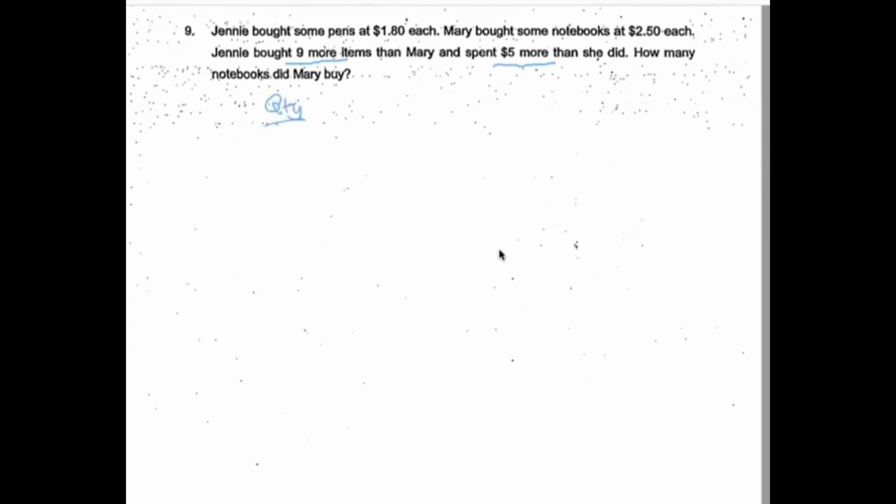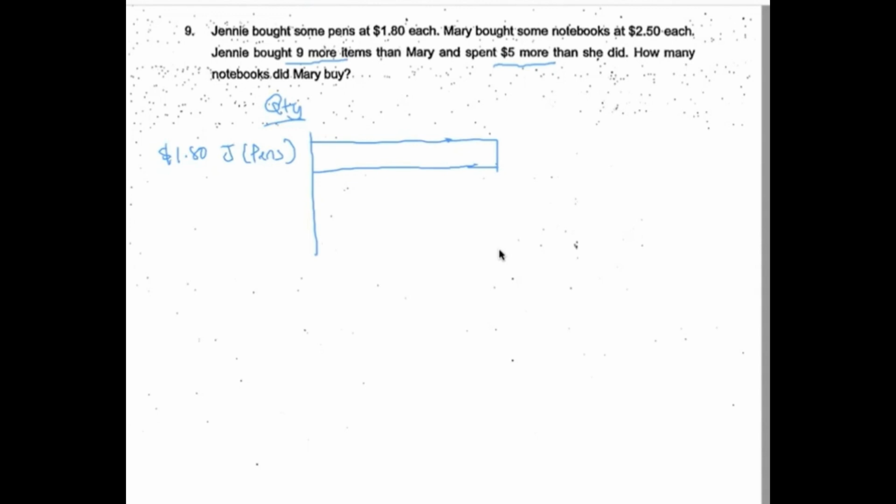So you have Jenny that bought only pens, and the pens are 180 each. Let's draw a model to represent the pens. Then we have Mary, who bought only notebooks, MB.